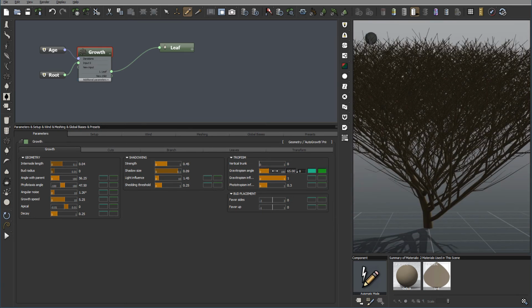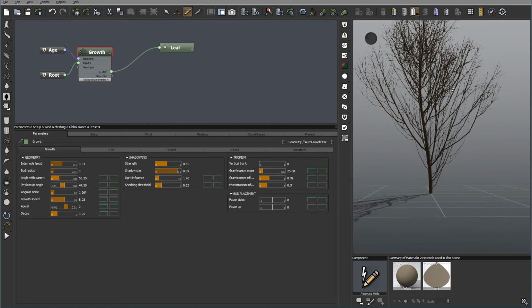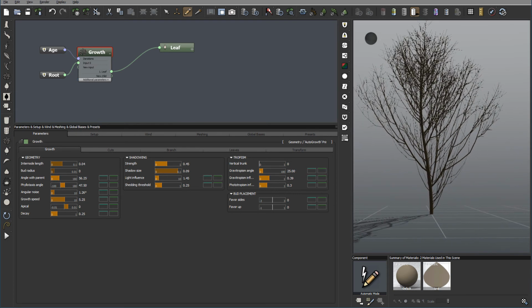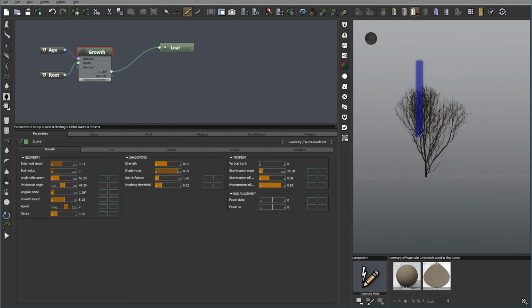Okay, so we can go back to maybe about 25 on this, and let's set this down. So this way we're growing a little bit up, and gravitation does not affect as much. And of course, as the branches grow, they're growing more towards the light where it is present, and phototropism influence is responsible for creating branches more oriented towards the light.